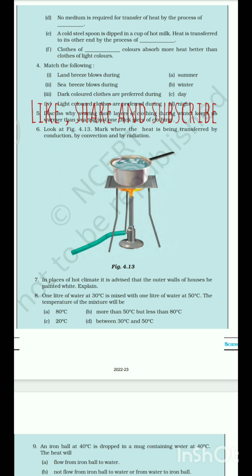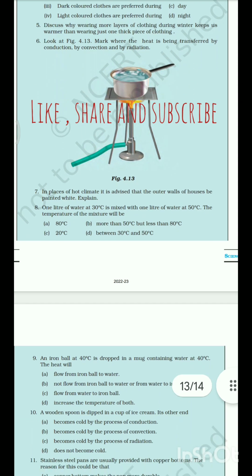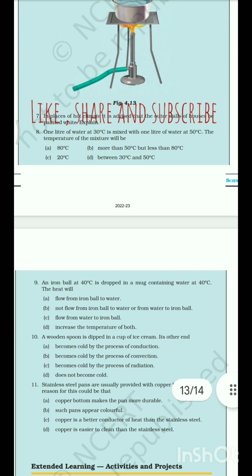One liter of water at 30 degrees is mixed with one liter of water at 50 degrees. The temperature of the mixture will be, and the answer is between 30 and 50. An iron ball at 40 degrees is dropped in a mug containing water at 40 degrees.